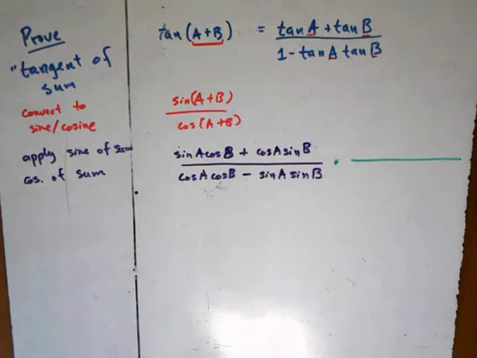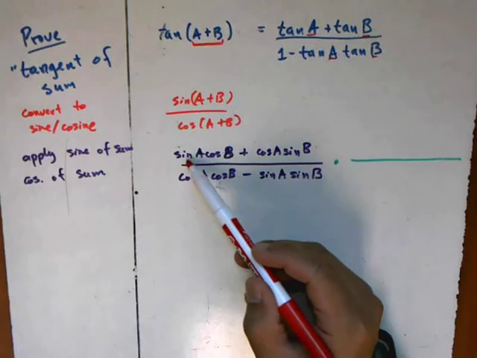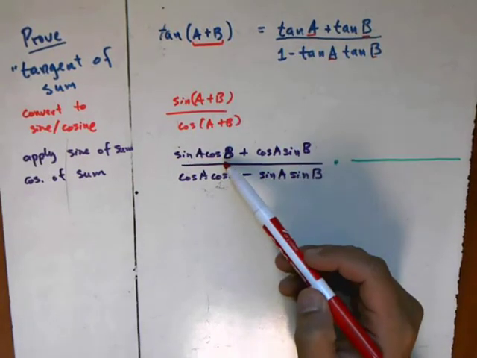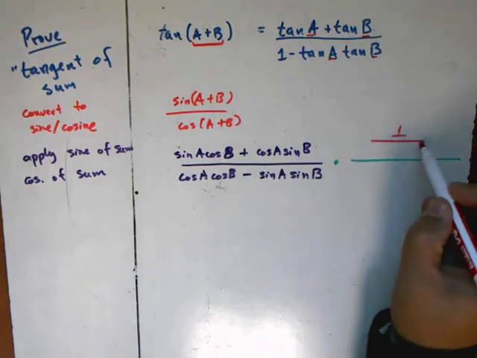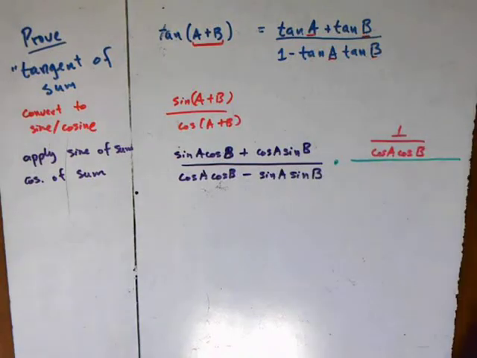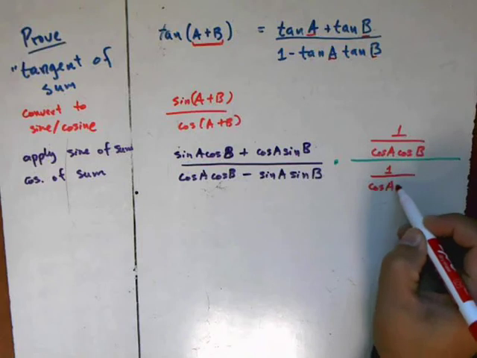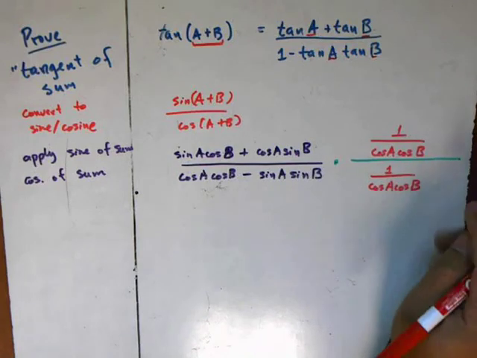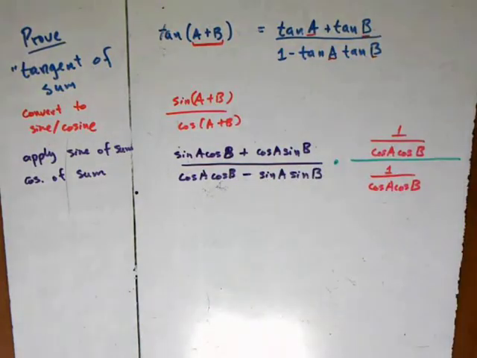I've messed up a few times, but I've been able to realize that I need to get this sine A to turn into tangent, and I need to get cosine B to go away completely. The only way to do that is to multiply by 1 over cos A cos B. And whatever I multiply on the top, I'm going to have to do the same thing on the bottom. Really getting this expression right here is more or less the entire work of this problem. The rest of this is just some cleanup.